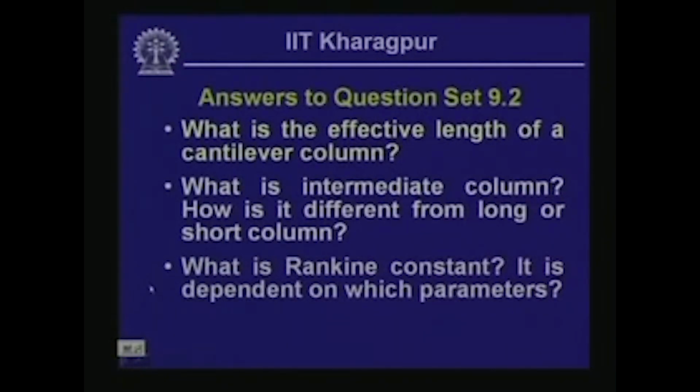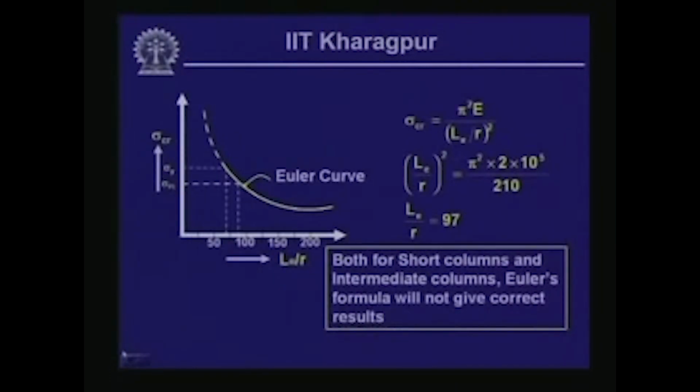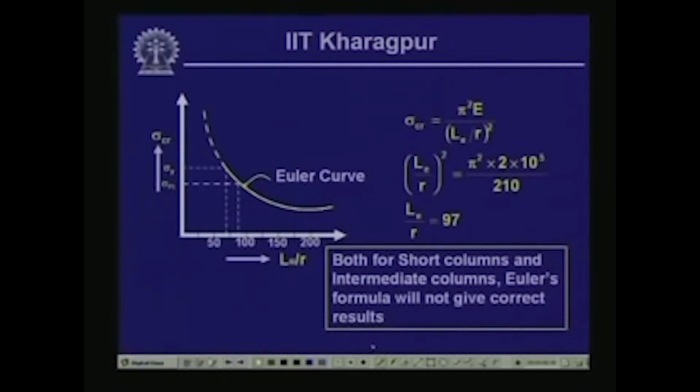The second question is, what is an intermediate column and how is it different from a long or short column. Now, if you remember, we had discussed the aspects of short column, the aspects of long column, and then we had defined what is an intermediate column. Coming back to the discussion with Euler's critical load: P_CR, the critical load, is equal to pi square E I over L_E square, and I we had represented in terms of the cross-sectional area and the radius of gyration, A r square.